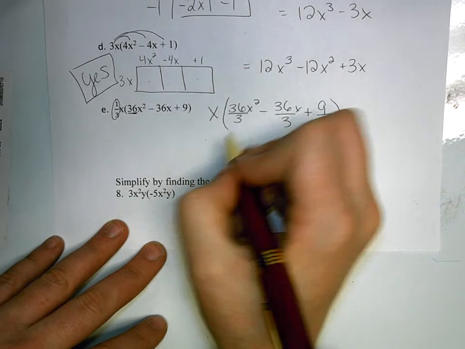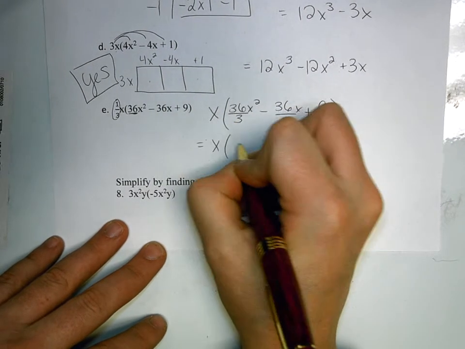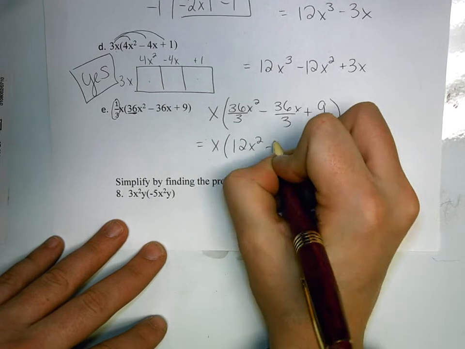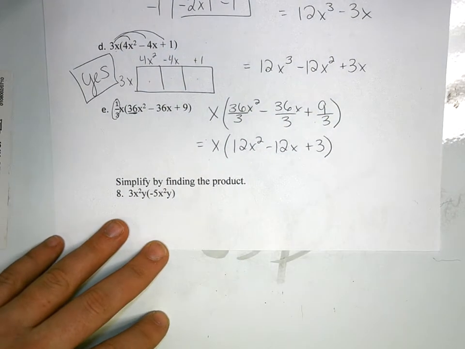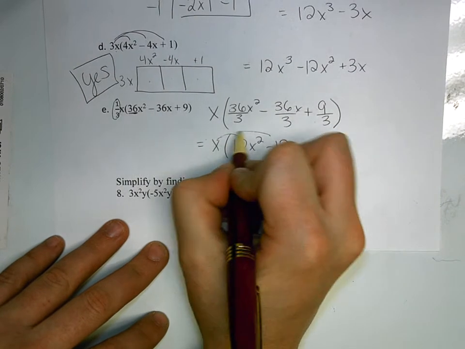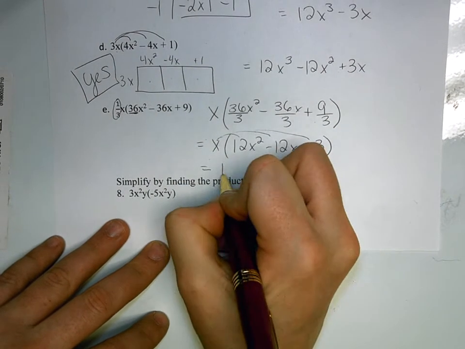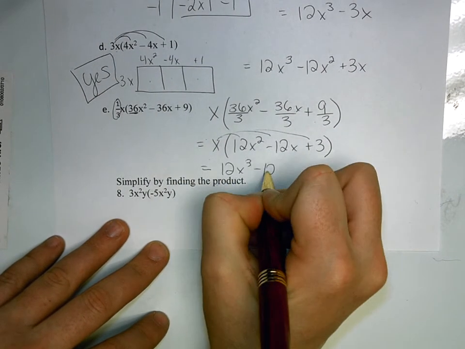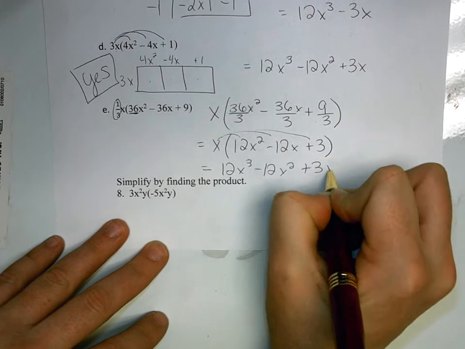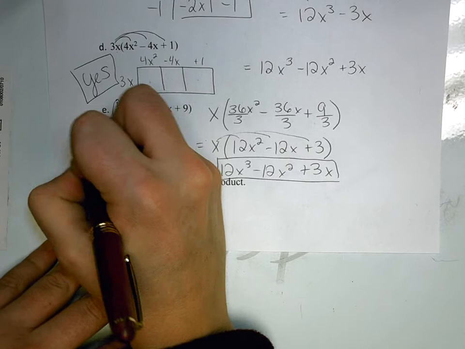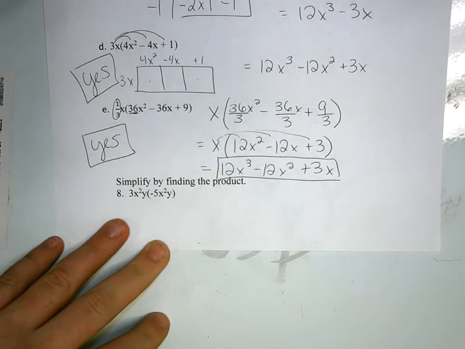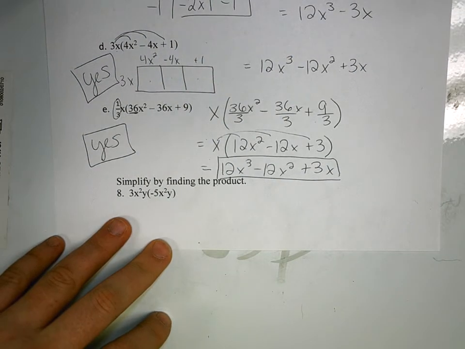That gives me 12x squared minus 12x plus 3 on the inside of my parentheses. Then I can distribute my x term, and I'm given 12x cubed minus 12x squared plus 3x, and that is, in fact, equivalent to my first expression.